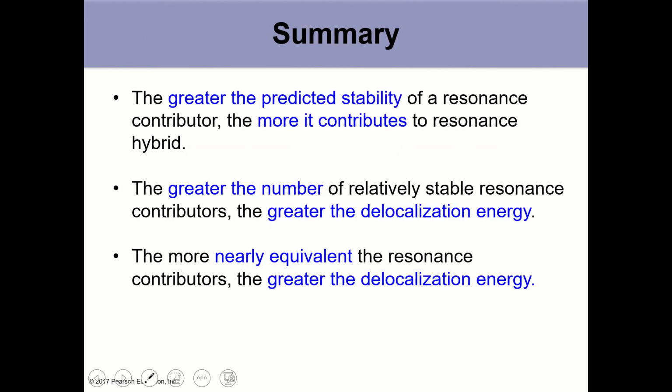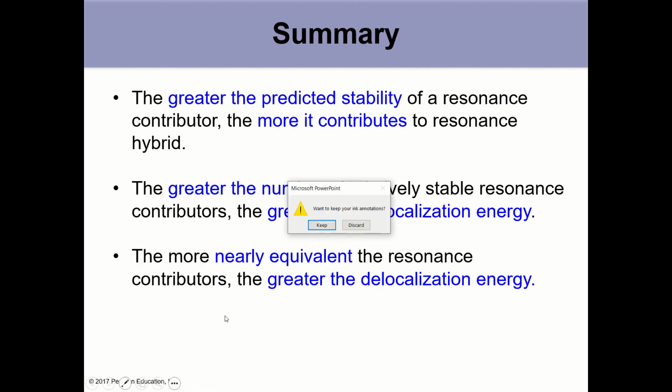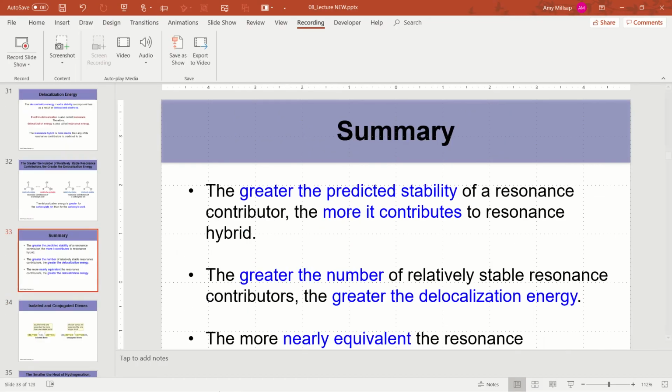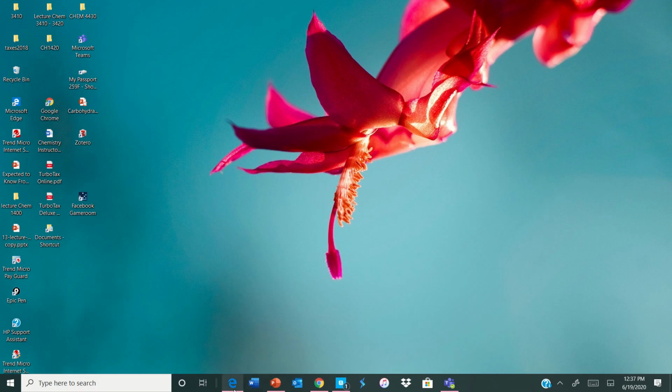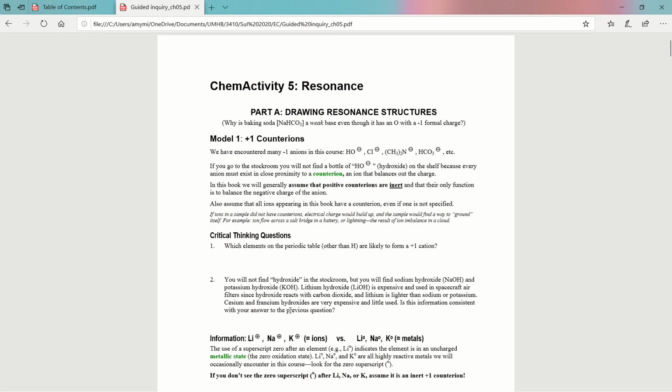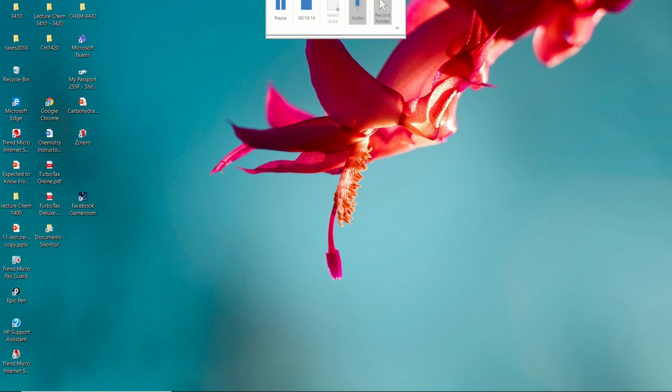So I have a handout that I am going to ask you guys to work on. This is not a formal assignment. This is going to be posted in, let's see, what's the folder called?